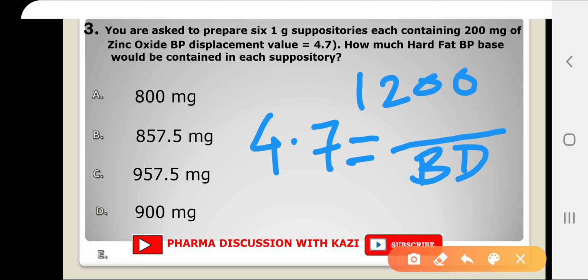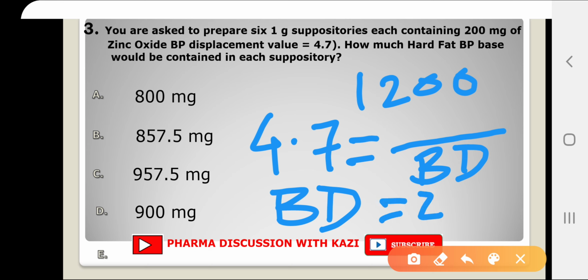That is, 4.7 equals 1200 divided by base displaced. From this equation, the amount of base displaced for 6 suppositories will be 1200 divided by 4.7, which equals 255.319.